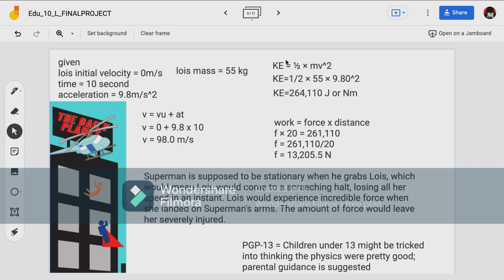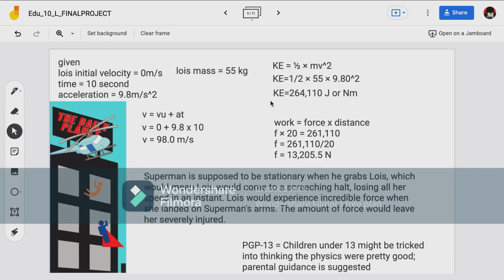So KE equals 1 divided by 2 times 55 times 9.80. So the KE equals 264110 J or Nm. After this, we need to find the force of how Lois was caught in Superman's hand.